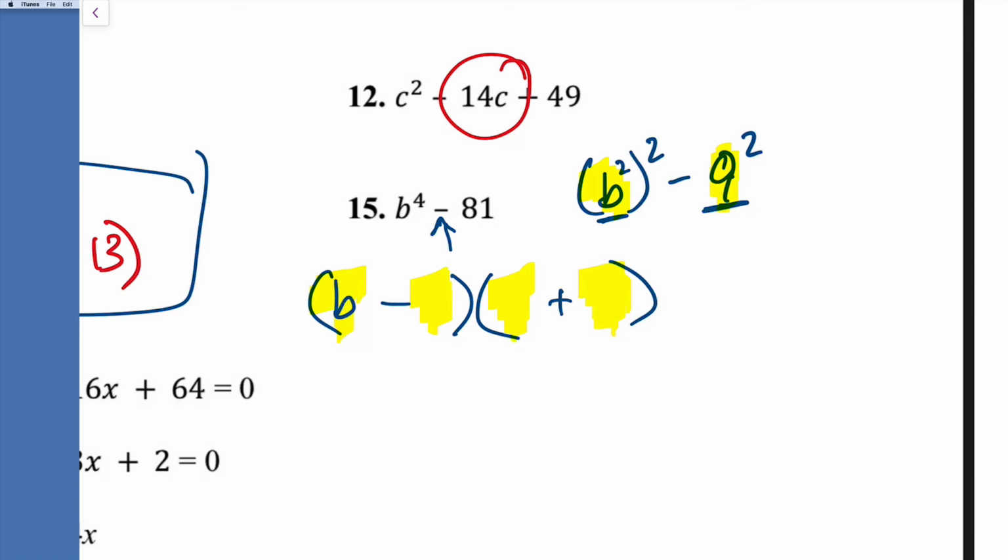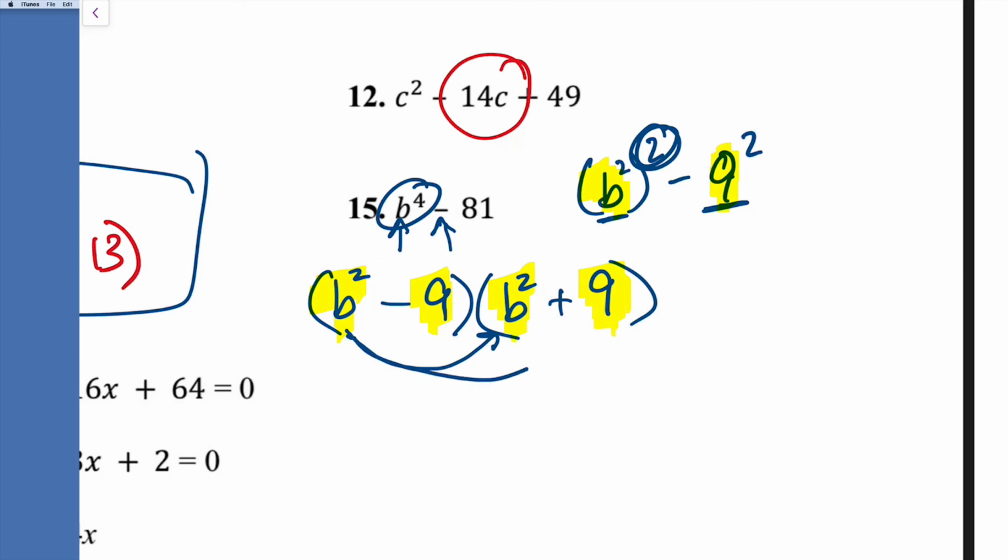So then b squared, because b squared times b squared is b to the 4th, right? And then the other term will be 9, right? So b squared times b squared is b to the 4th, and then b squared times 9 will be canceled out by negative 9 times b squared, right?